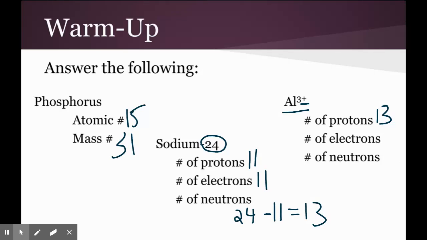Since its charge is +3, that means it has lost 3 electrons, so it has 10 electrons. And then from the periodic table, we see that the average atomic mass is 26.98, so we're going to round that up to 27. Subtract 13 to get the number of neutrons, which is 14 neutrons.